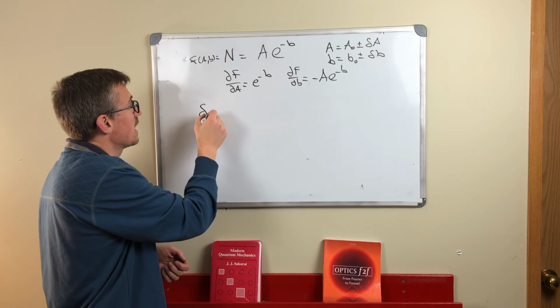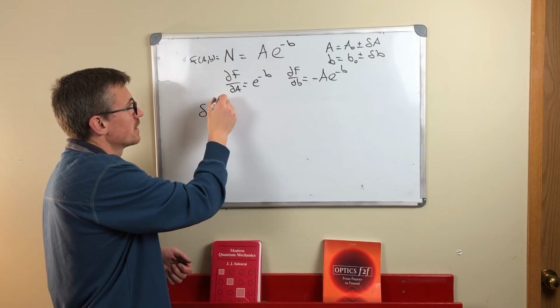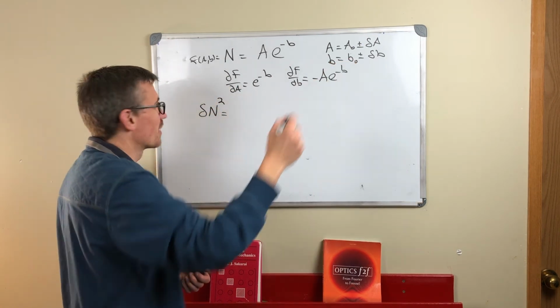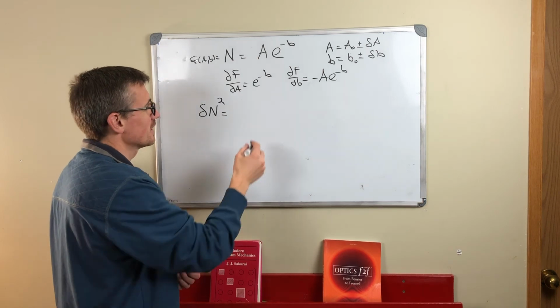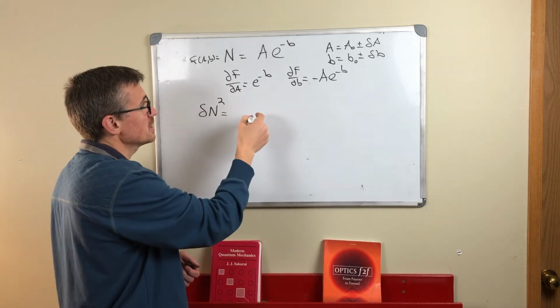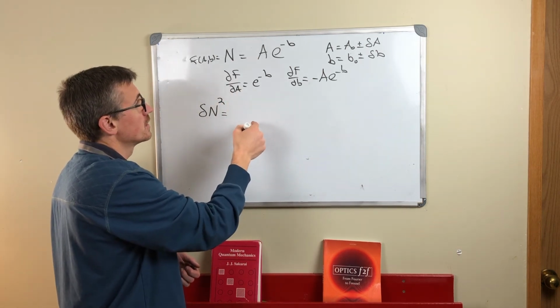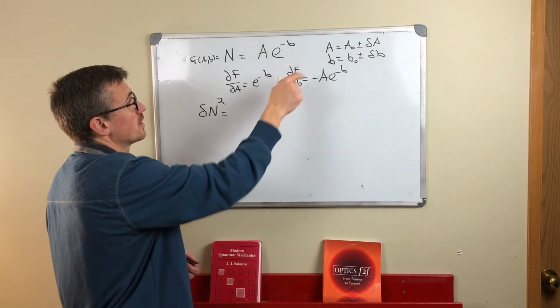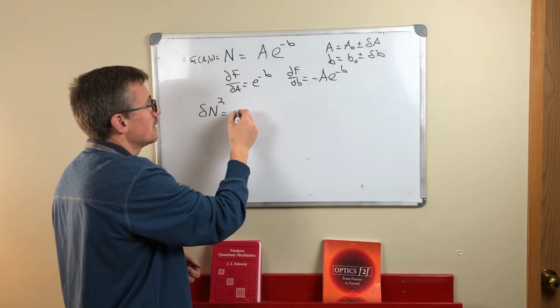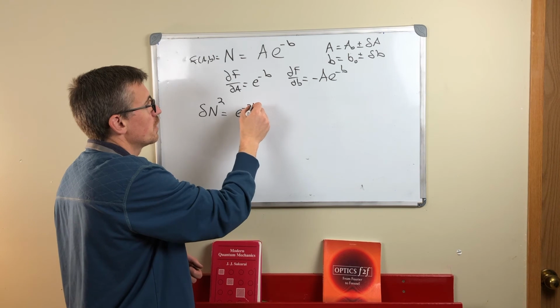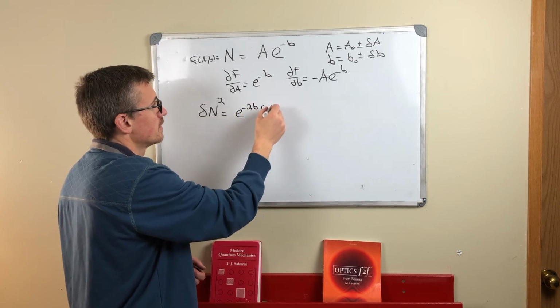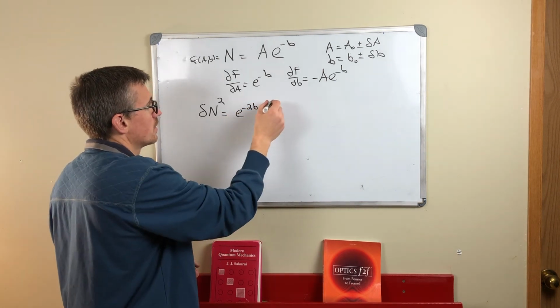So delta n, my uncertainty in n, squared again, so I don't have to write a giant square root sign, we'll put it in a second, is equal to df by dA squared times delta a, and that's going to be e to the minus 2b times delta a, all squared.